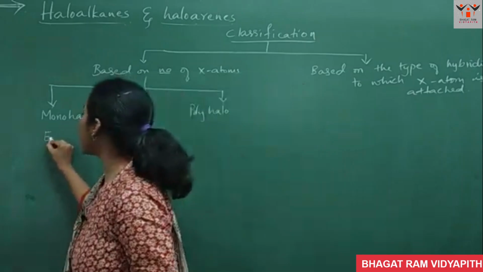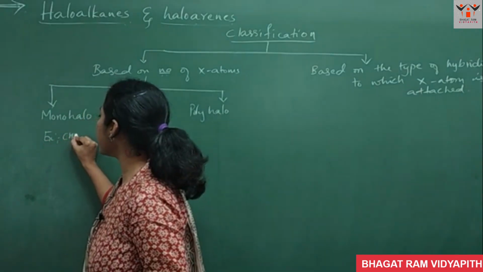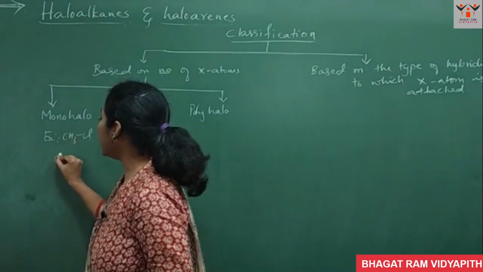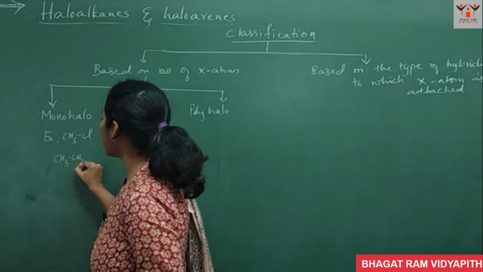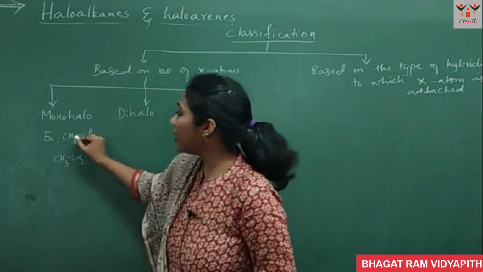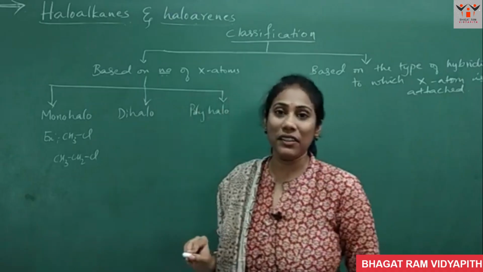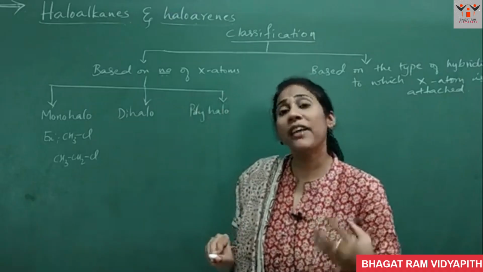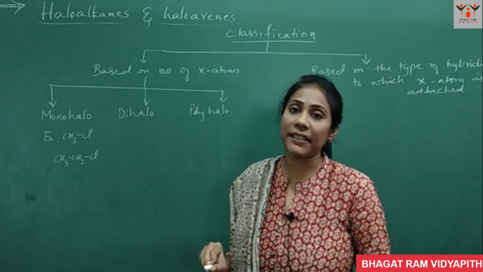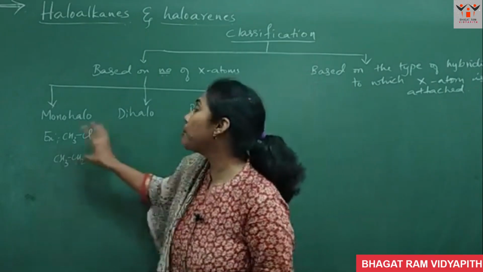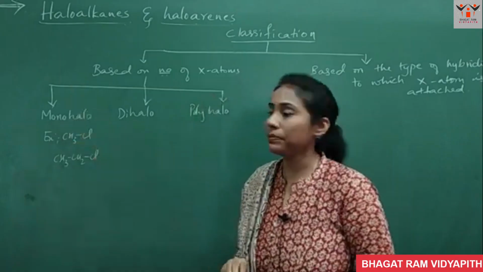Suppose you look at these examples, CH3Cl, right? Another example, CH3CH2Cl. Look over here, in these compounds the halogen atom is only one. So such compounds where you have only one halogen atom are called monohalo compounds.